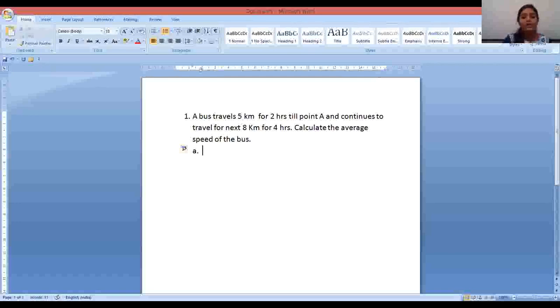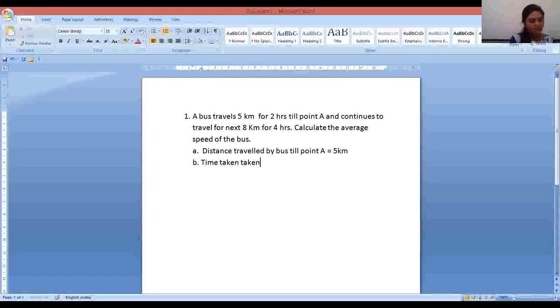As I explained in the earlier numerical sums, first of all, we write down the given data. First I will write distance traveled by bus till point A. How much is it? It is 5 kilometers. And then time taken is how much?